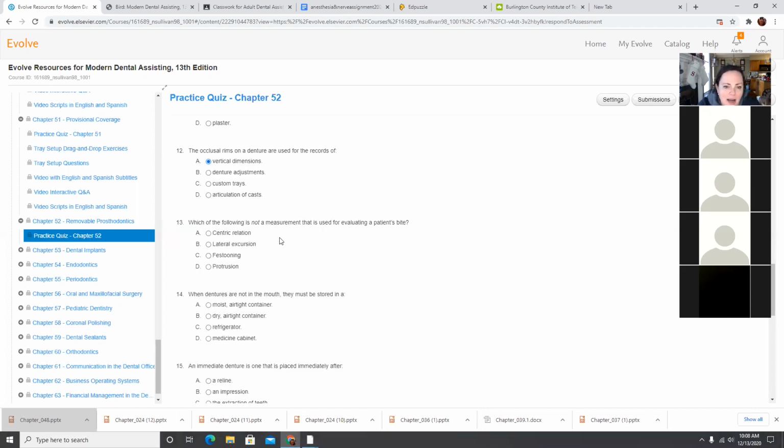Which of the following is not a measurement that is used for evaluating a patient's bite? C? Did you say C? Yeah. When dentures are not in the mouth, they must be stored in a A?